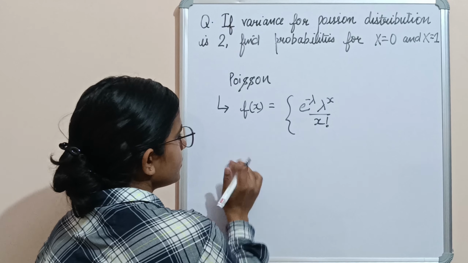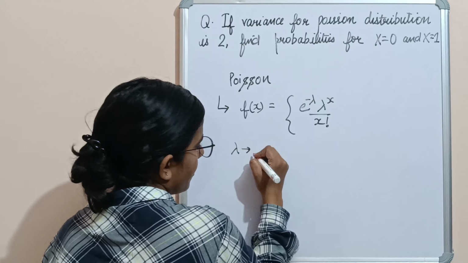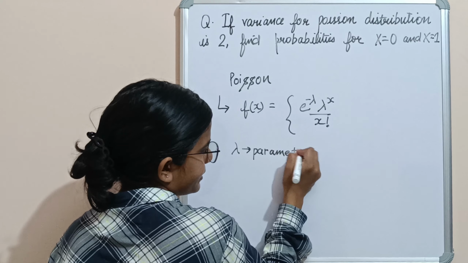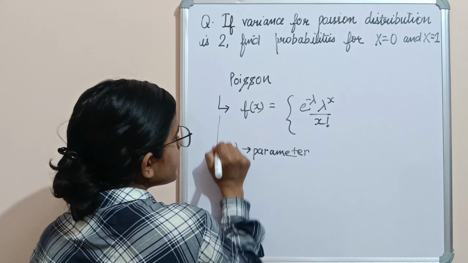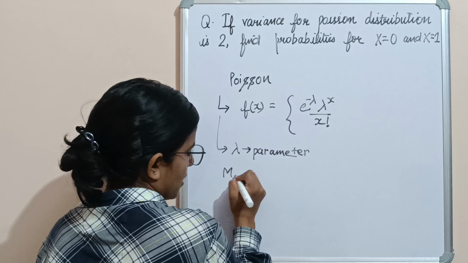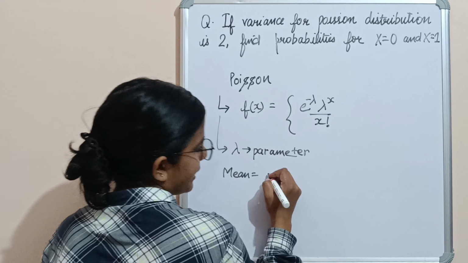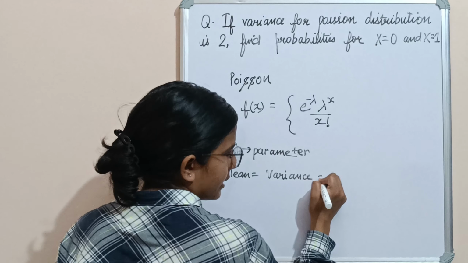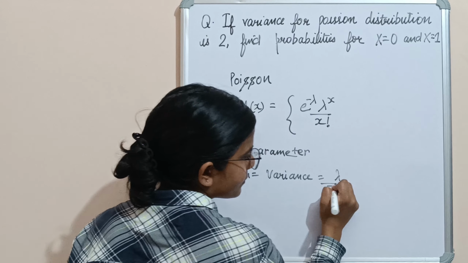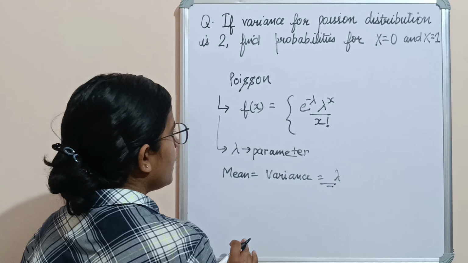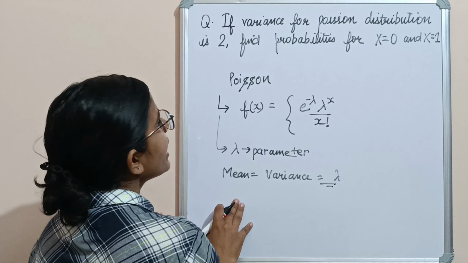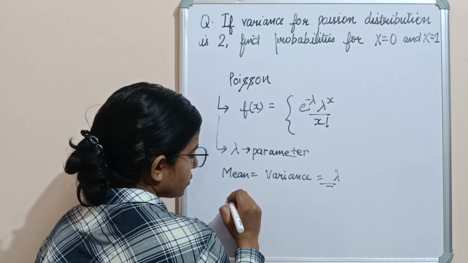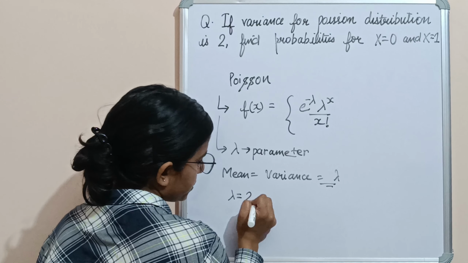Now, lambda is a parameter of the Poisson distribution, and for the Poisson distribution, mean equals variance equals lambda. Now, we have been given the variance for the Poisson distribution. So, our lambda will be equal to 2.